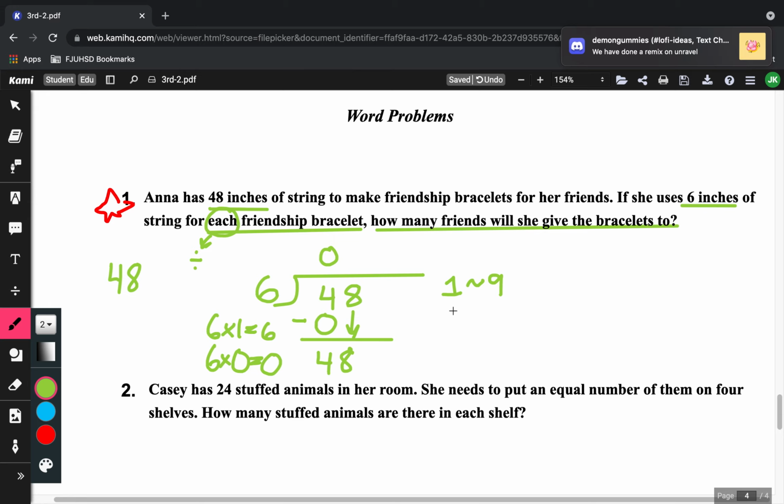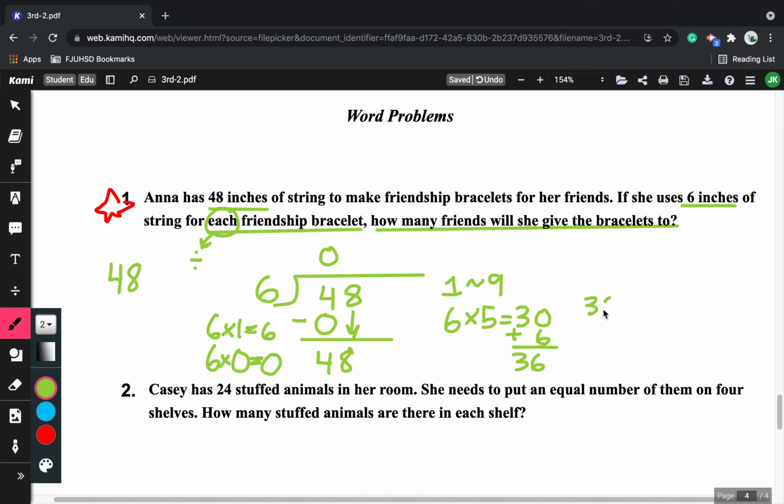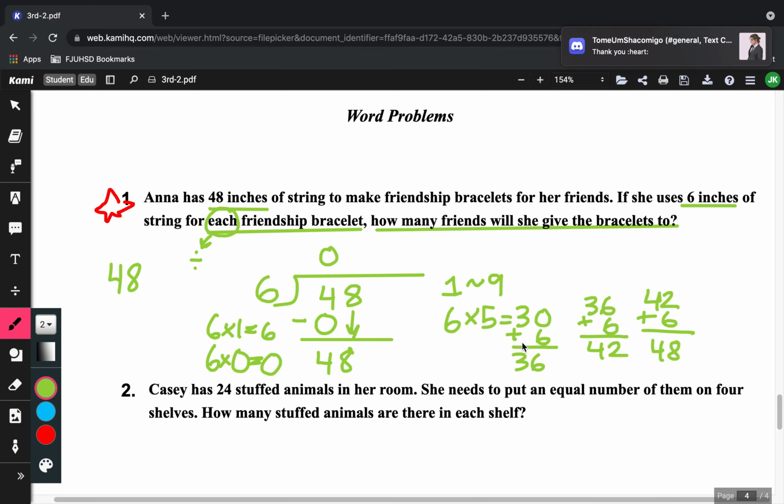Well, we know that if you know your 5s, 6 times 5 is 30. And if you add 6, that's 36. And another 6, that's 42. And another one is 48. So from 5s, we added 6 3 times.